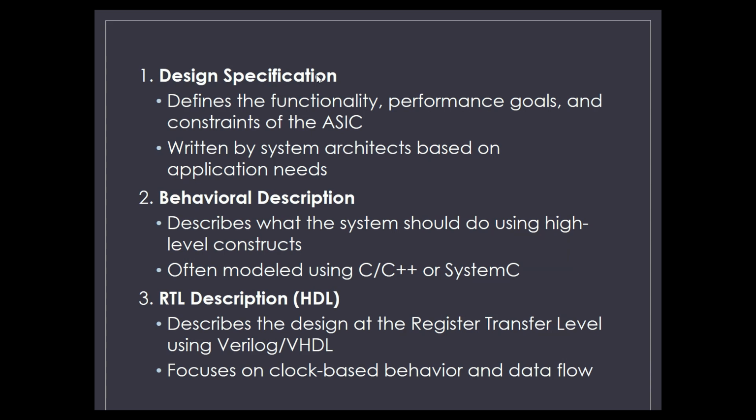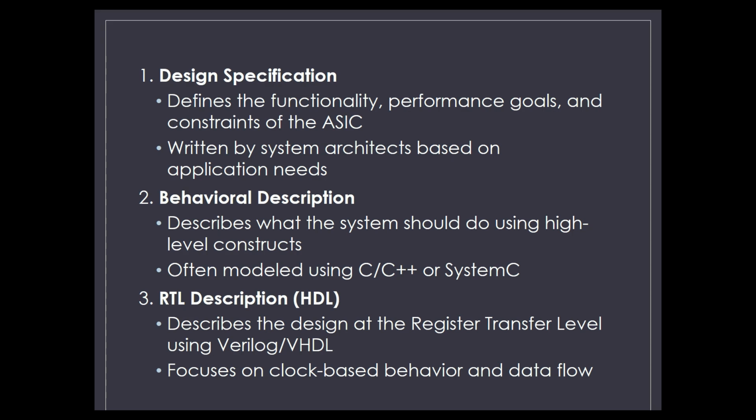The first step in any ASIC design process is the design specification. This is a specific document which defines the functionality, performance goals, and the constraints of the ASIC. In simple terms, this will tell us what functionality a chip will perform.